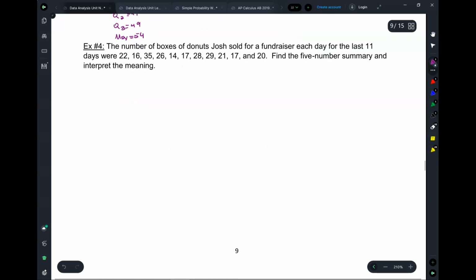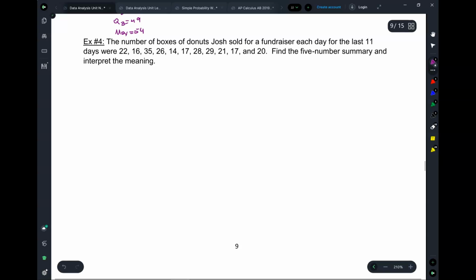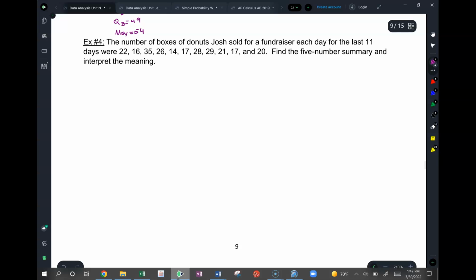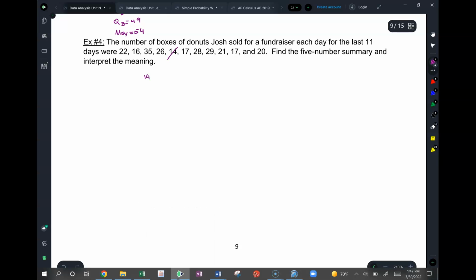All right, so here we go. The number of boxes of donuts Josh sold for a fundraiser each day for the last 11 days were this. Find the 5-number summary and interpret the meaning. Okay, we need to sort this data, right? So we start with 14, that's the smallest one.